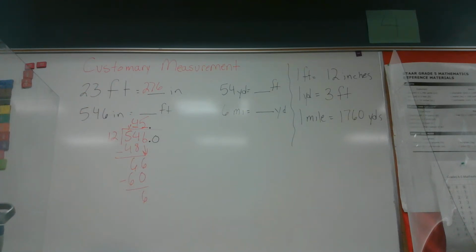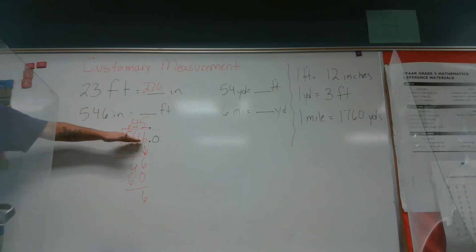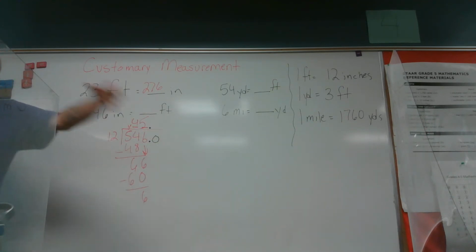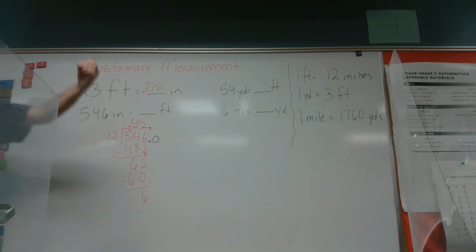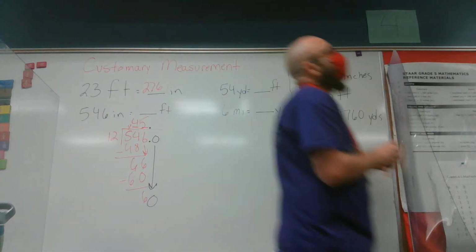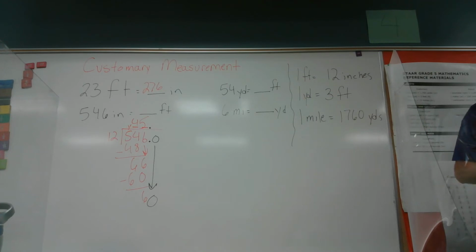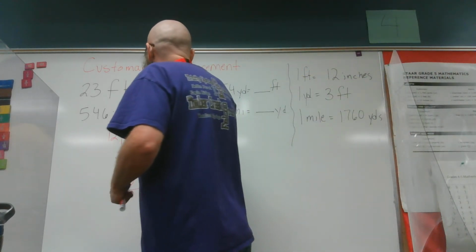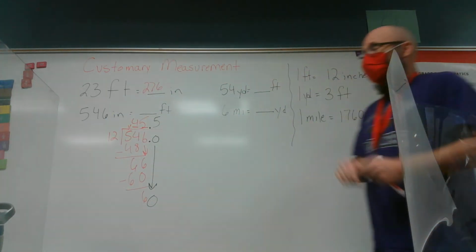I'm not adding anything to it. I have 546 plus 0 tenths. 0 tenths is nothing, but I can write it down there. Make sure behind my decimal point, I move my decimal point straight up. I bring that 0 down. Now, how many times does 12 go into 60? 5. Do you always have to put the 0?